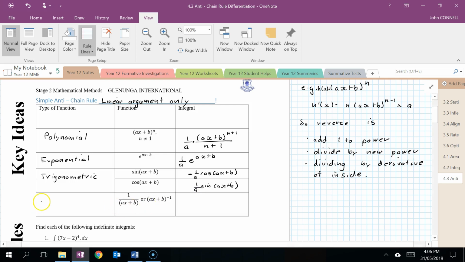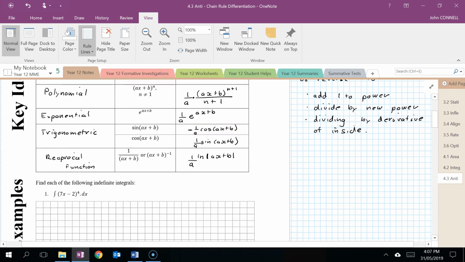And then finally, if it's log, or I suppose we're actually integrating a reciprocal function, in this case it'll be ln of the modulus of ax plus b, and we'll be dividing by 1 on a, or we'll be dividing by a out the front.